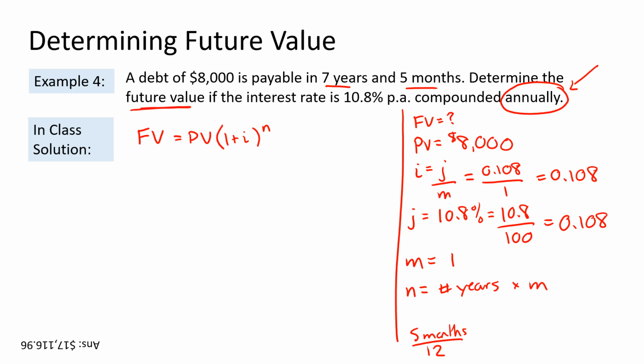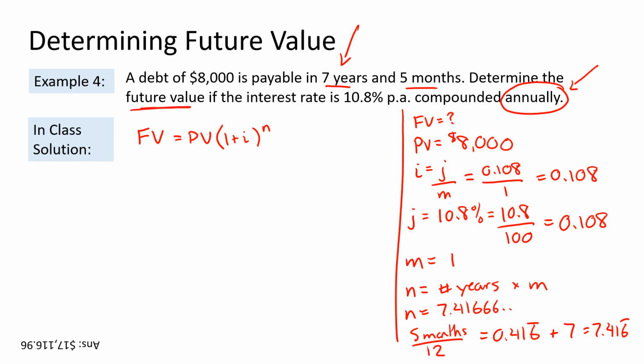That gives us 0.416 as a repeating decimal of years. Then we have an additional 7 years, so we add our 7 years, and we get a total of 7.416 years.